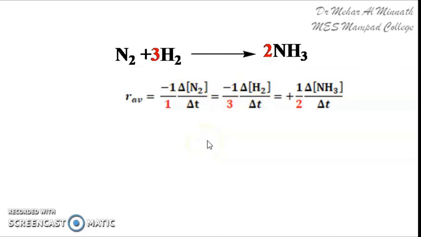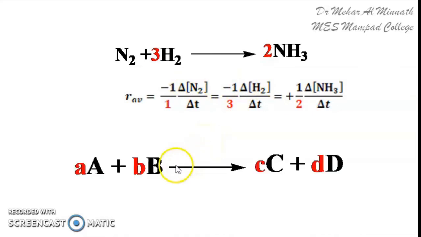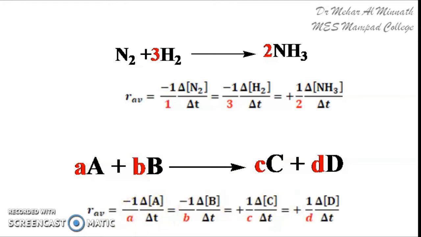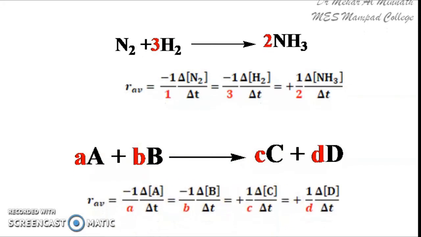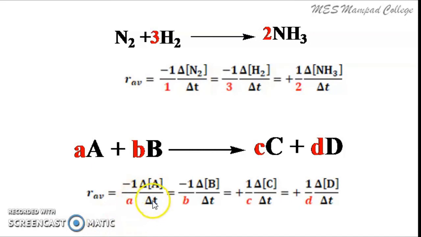So for a general reaction, aA plus bB giving cC plus dD, the average rate of a reaction will be written like this. Minus 1 by a, delta A by delta t, is equal to, or with respect to B, we can write it as minus 1 by b, delta B by delta t.